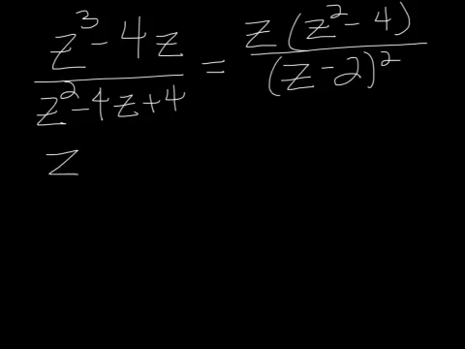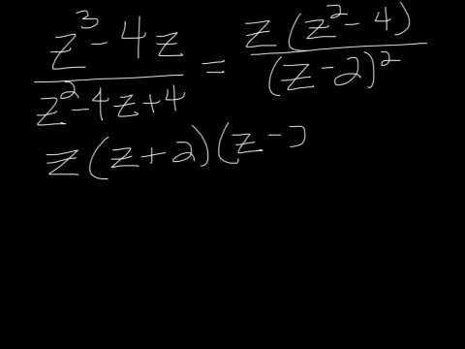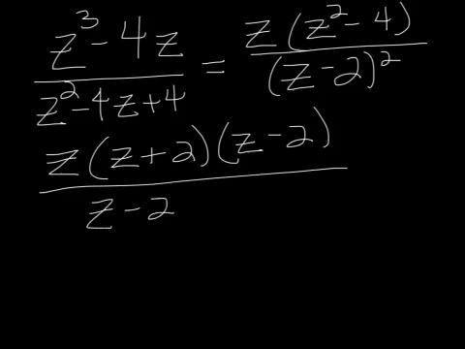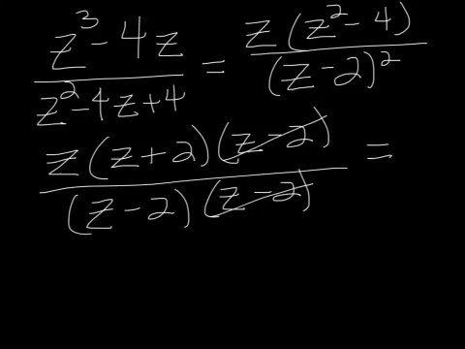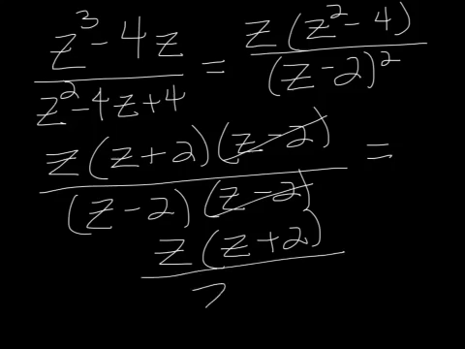Please do not do anything except what I am doing. The top is the difference of squares. The bottom means z minus 2 times z minus 2. I can only cancel them if they are being multiplied. I see a z minus 2 on top and on bottom. So I would leave my answer as z times z plus 2 over z minus 2.